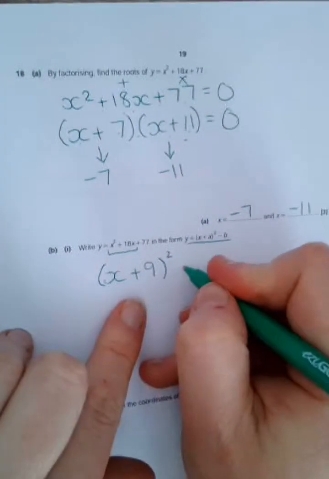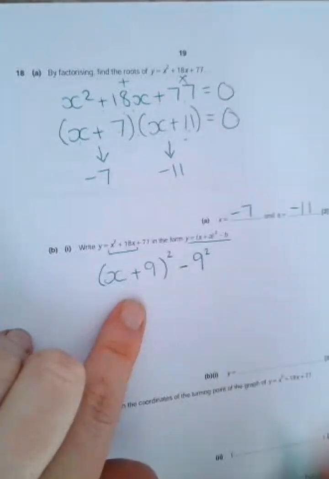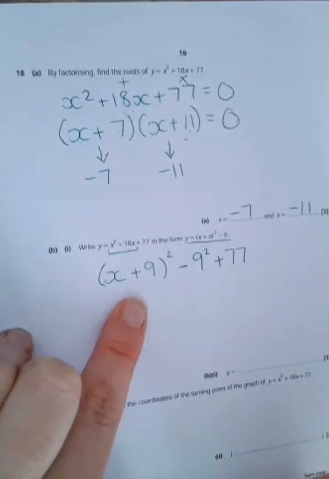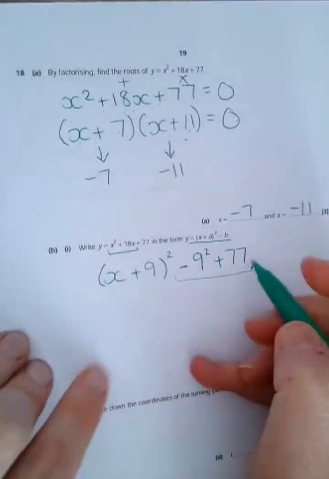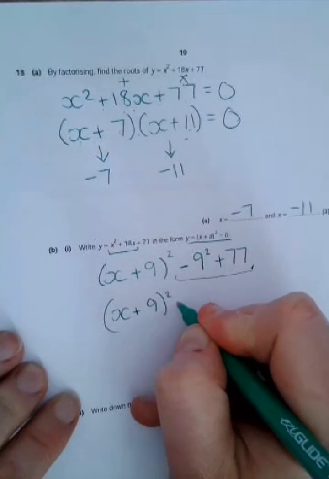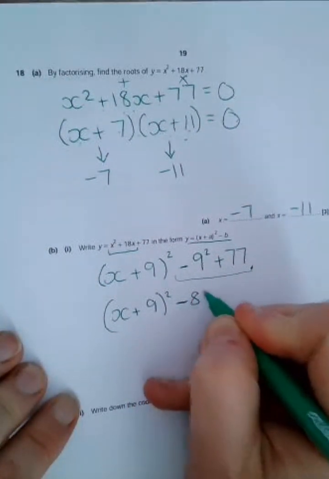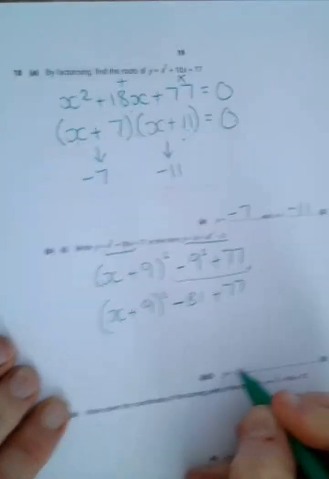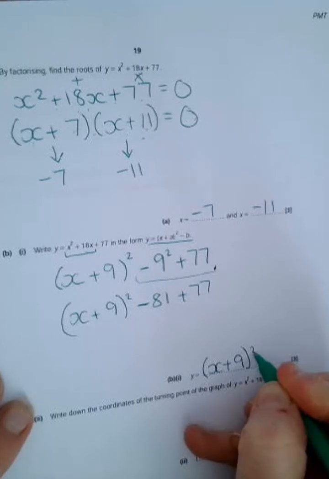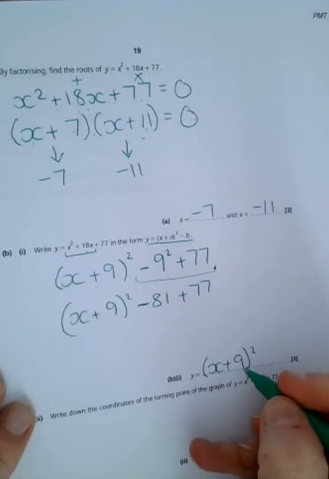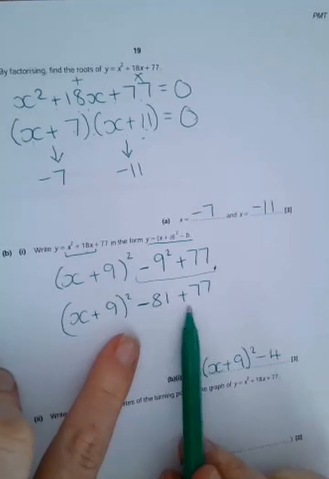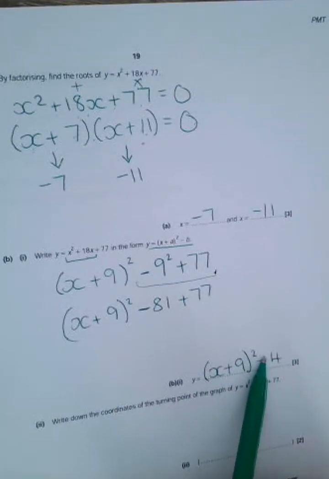And I'm going to then take away 9 squared, and I've still got plus 77. Okay, simplify this bit. Here we've got x plus 9 squared minus 81 plus 77. So my final answer should be x plus 9 all squared, and then we're going to have minus 4. Difference between those is 4, so minus 81 plus 77 would leave me with minus 4.